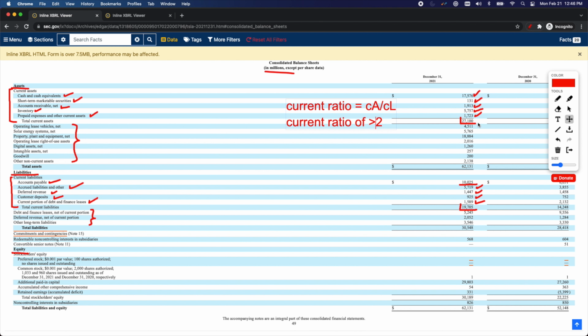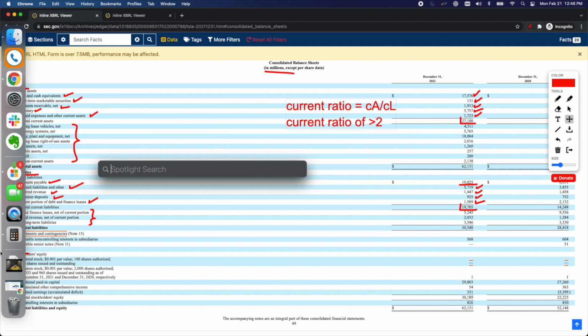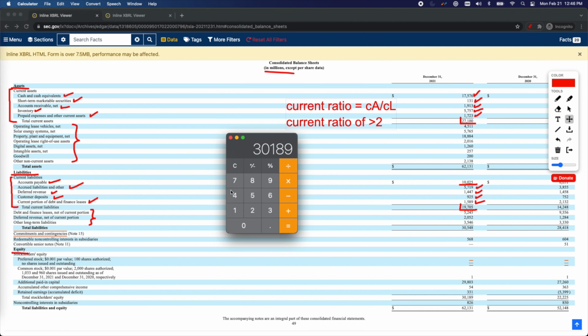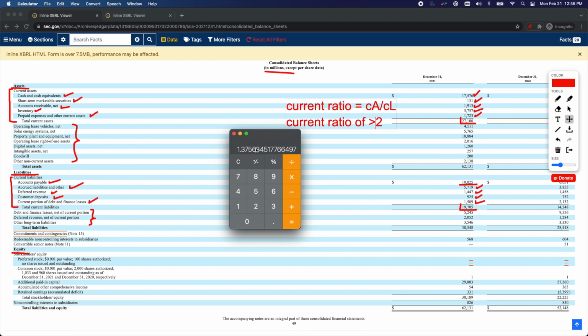So you can obviously tell right now that $27 billion divided by, if we calculate the current ratio right now, we will get roughly 1.3, 1.4. So it's not too bad.